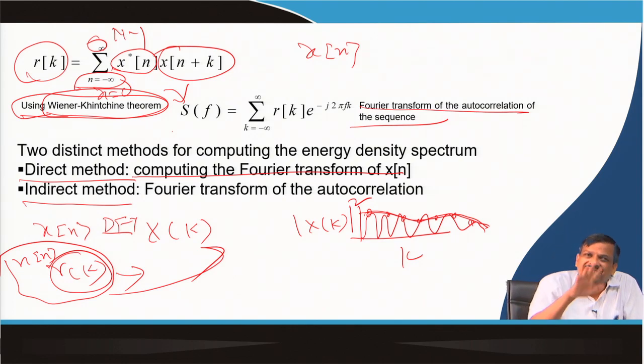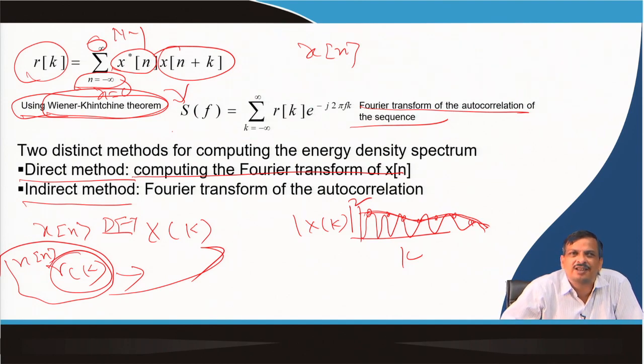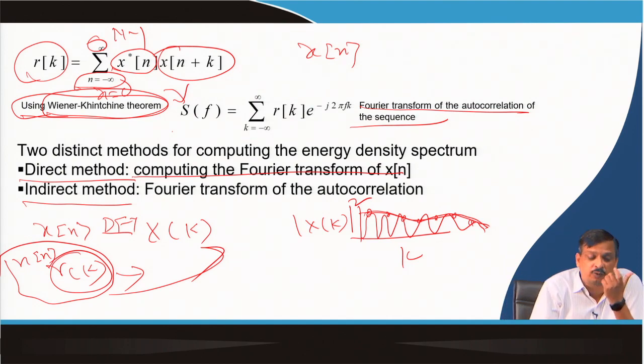So, for a deterministic signal, I can use the direct method: I take x n, apply the discrete Fourier transform, and get that. But for a non-deterministic signal, a random process signal, what is the basic assumption when I say the Fourier length is N?